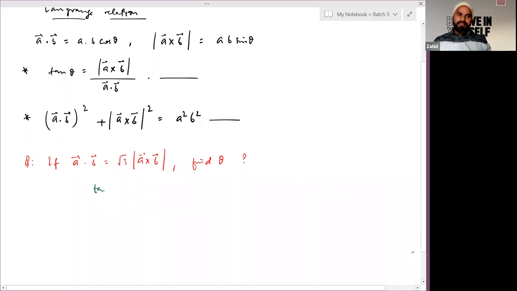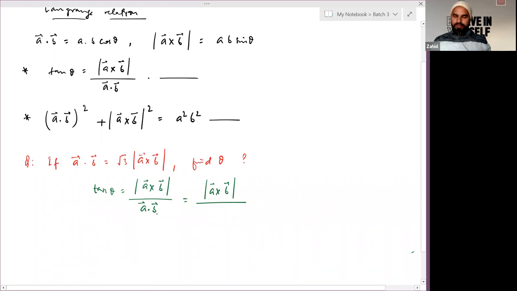We have tan theta equals mod of A cross B divided by A dot B. So we may write mod of A cross B in the numerator as it is.